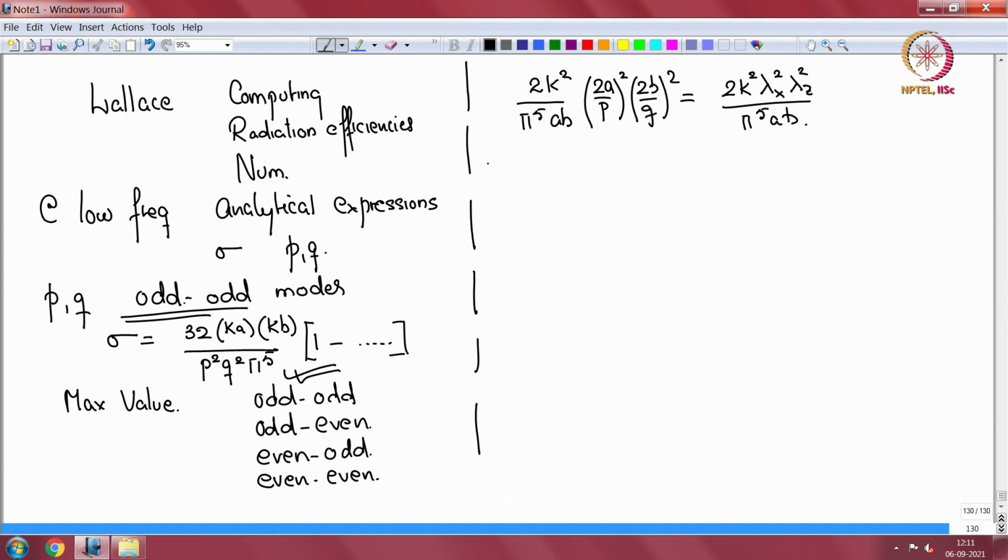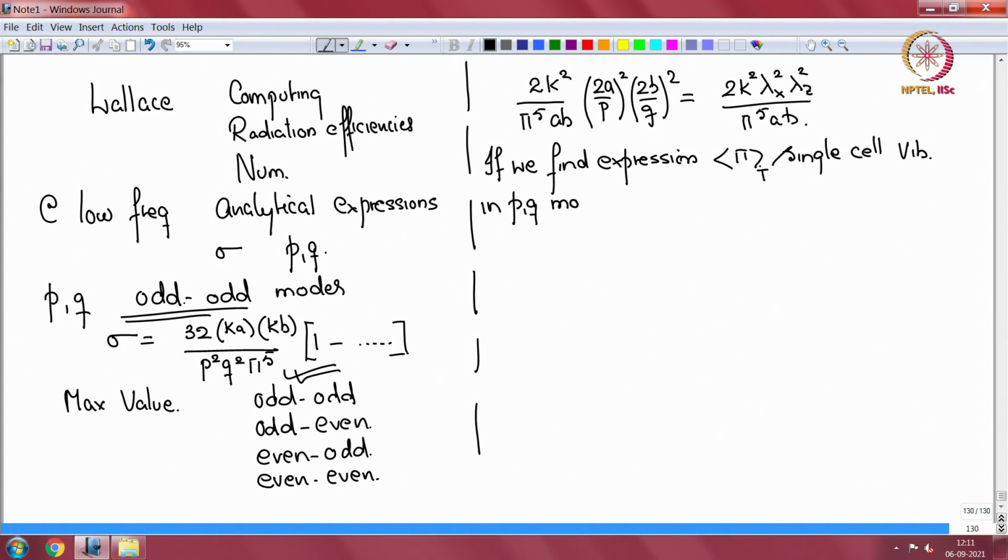Okay. Now if we find the expression of time averaged power, let me put T for time average, from a single cell vibrating in the PQth mode.